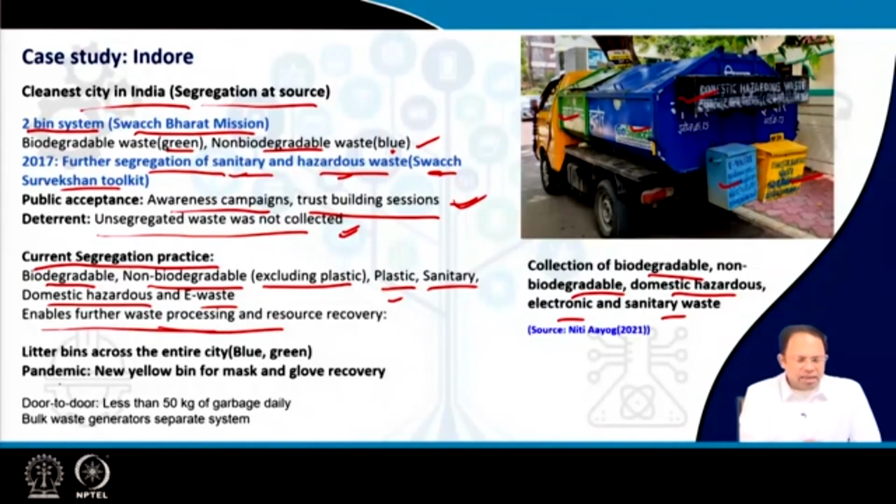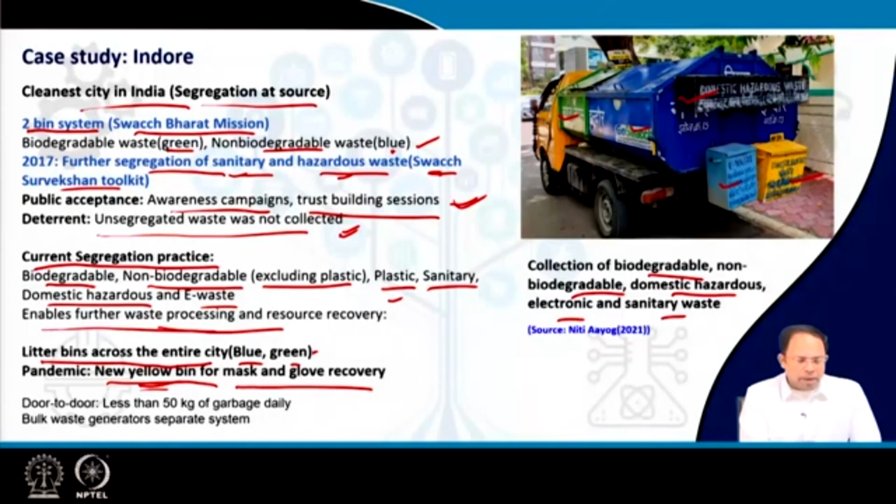In addition, litter bins were placed all across the city, blue and green colored, in public places at certain intervals. And during the pandemic, they introduced a new yellow bin for mask and glove recovery, where people can throw their masks and gloves which are hazardous. This is for sanitary waste, for which we use the yellow color.